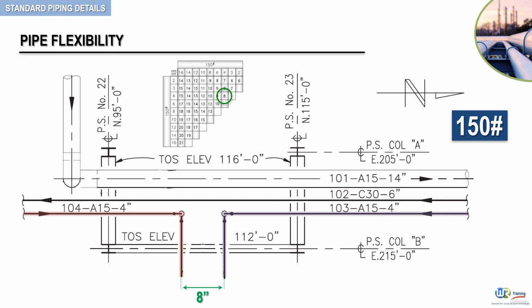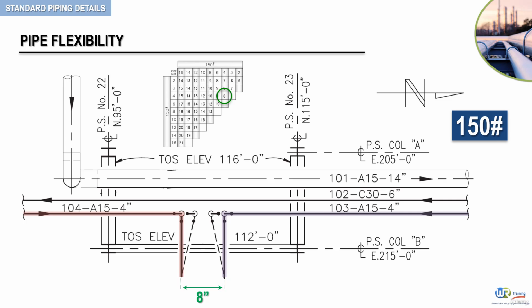Now, let's assume that expansion calculations indicate that line 103 is expanding 2 inch to the south, and line 104 is expanding 2 inch to the north, as highlighted here.